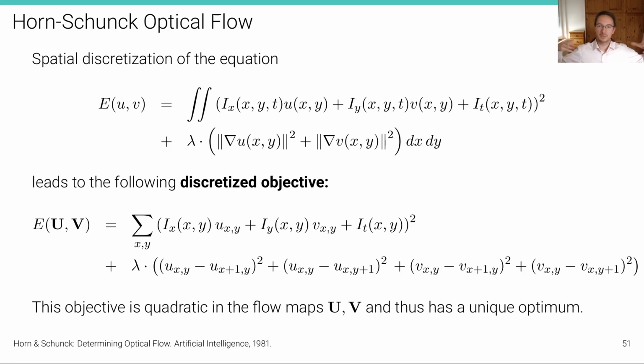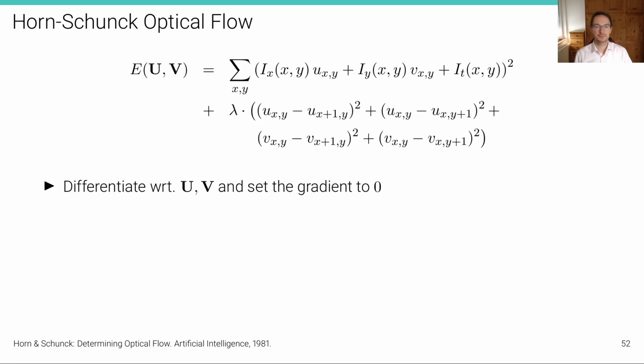But it's still a very large optimization problem. It still has a lot of variables. There are as many u variables and as many v variables as there are pixels in the image. And therefore typically iterative solvers are used to obtain a solution. So how do we obtain a solution? Well, we have a quadratic problem, so we differentiate with respect to u and v and set the gradient to 0.